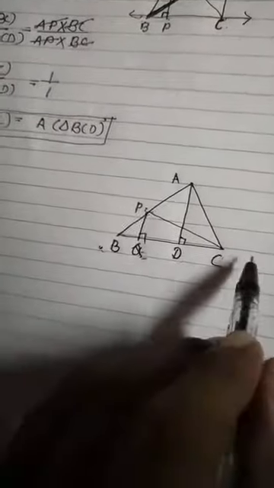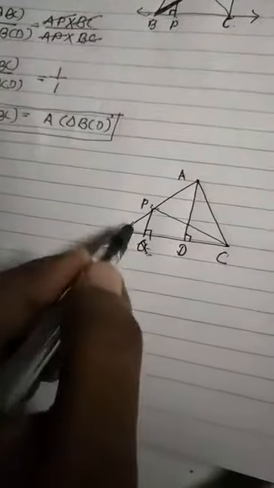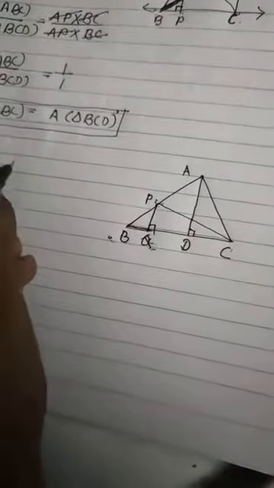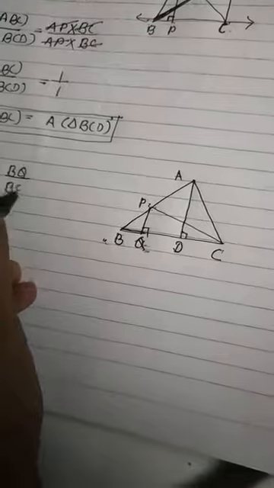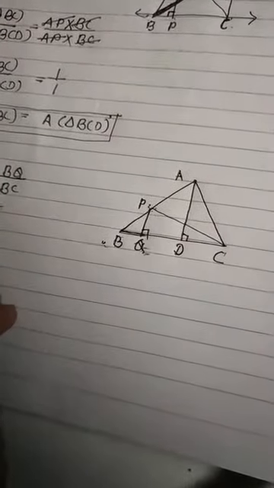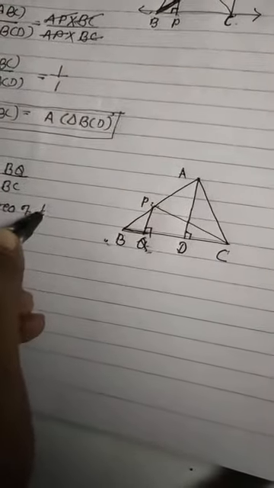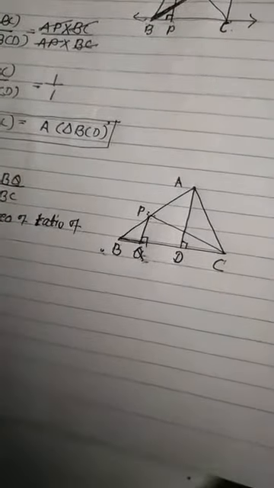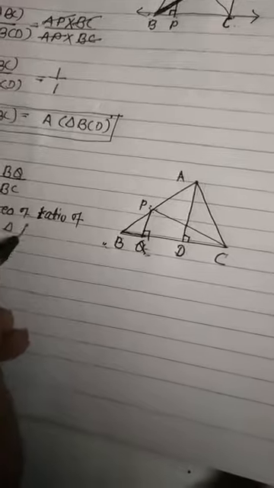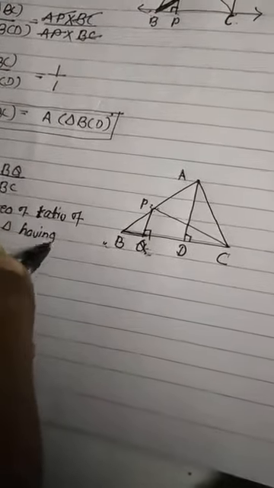So the ratio is the base. For the first triangle PQB the base is BQ, and for the bigger triangle the base is BC. The reason is the area ratio of two triangles having common height.